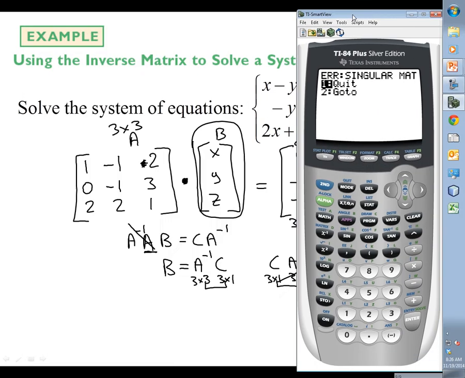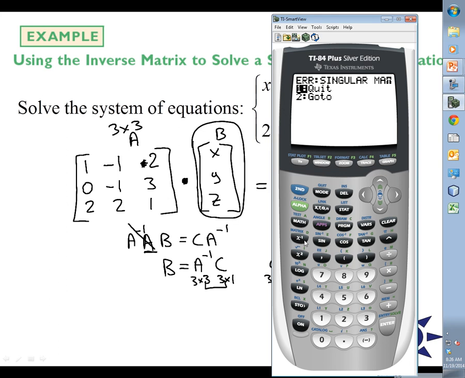We're going to need to plug in 2 matrices. Matrix A will be a 3x3 with our coefficients 1, -1, 2, 0, -1, 3, and 2, 2, 1.